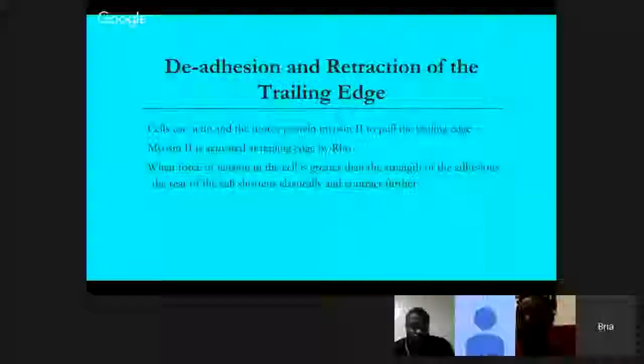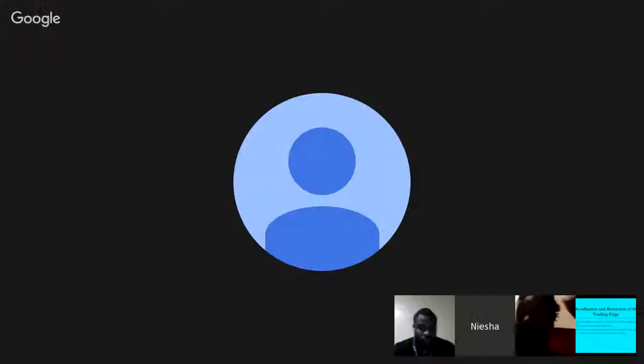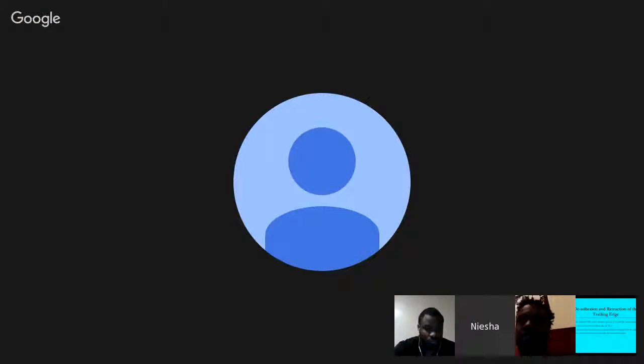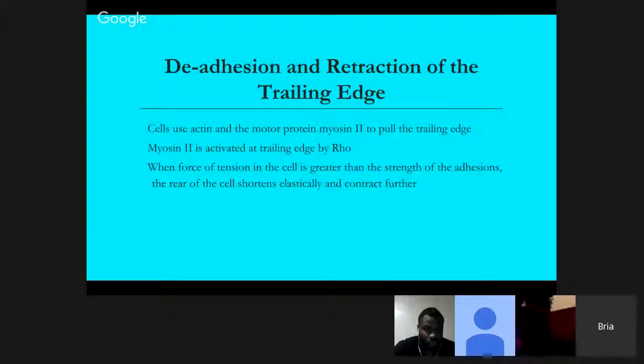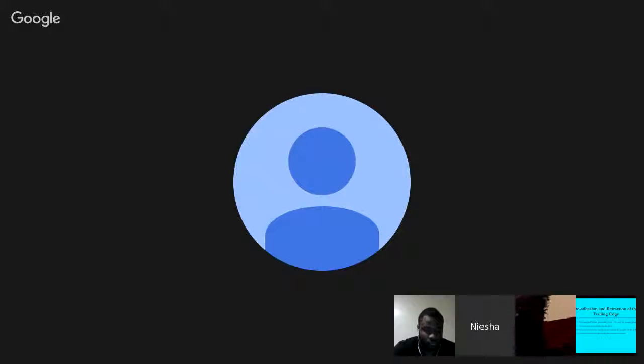Deadhesion and retraction of the trail edge. Deadhesion is when the cells contract due to myosin 2, which is an actin motor protein activated by Rho, which exerts a force on the cell to allow it to be motile.